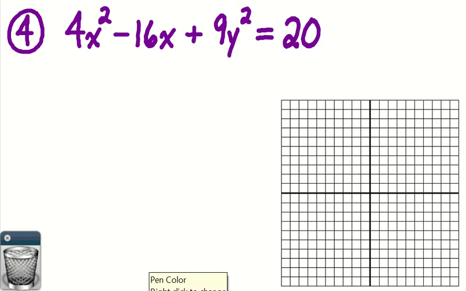I want to have like a bubble squared. Now, once again, this 4 can't really be there either for final standard form. So here's what I'm going to do.